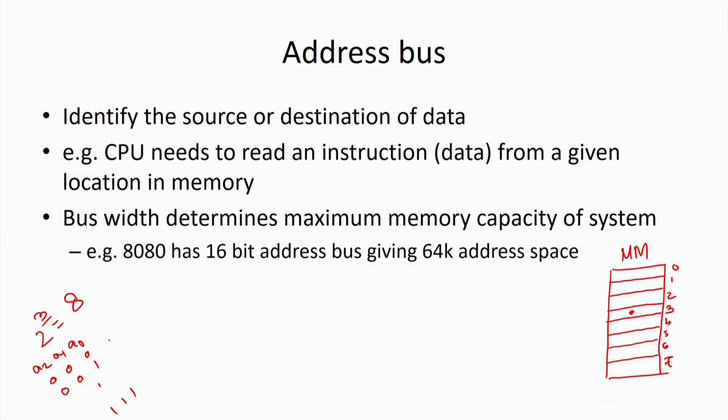So, these are the 8 possible combinations of the 3 bits A0, A1 and A2. Since these are unique combinations, we can use them to identify one of the memory locations. Now, how to do it? We have 8 locations and we have 3 bits of information.